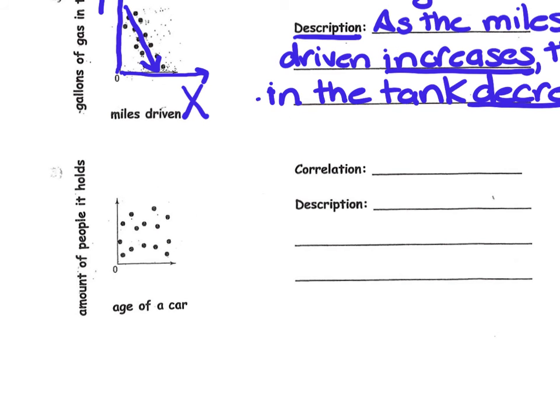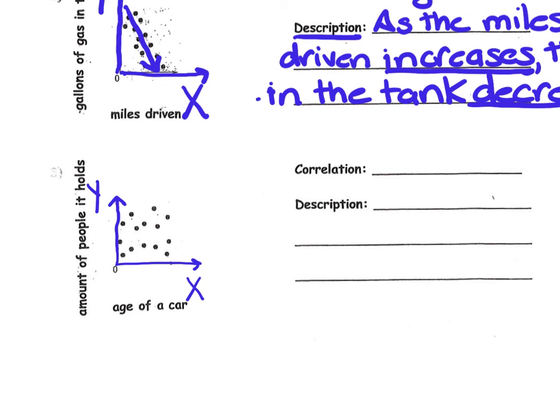Problem number 3 is comparing the age of a car. So as the age increases, that's our X, is there a relationship to the amount of people the vehicle will hold? Y. And based on the scatter plot, there is no pattern or trend.